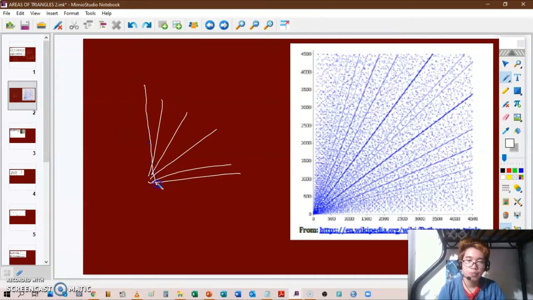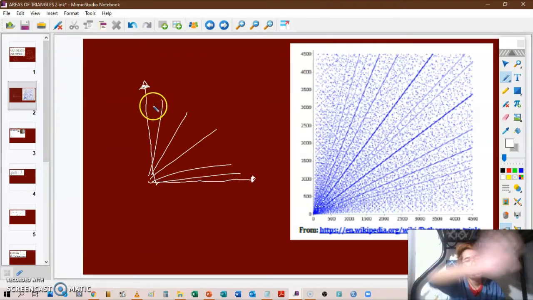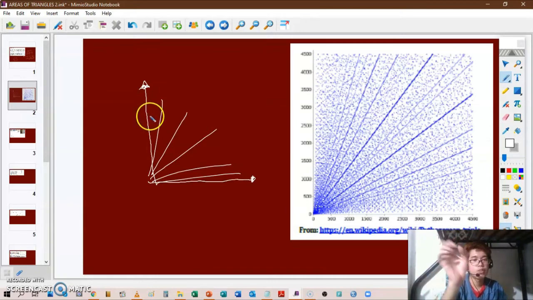So the beauty of mathematics can be seen when you deal with big data. We have the beauty of mathematics reflected here by the Pythagorean triples on the first quadrant of a Cartesian coordinate plane system.